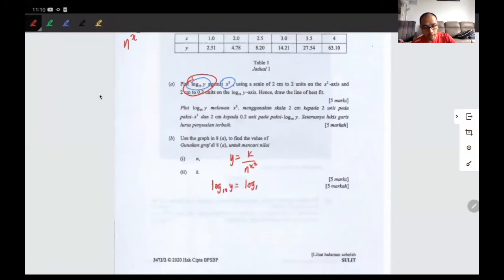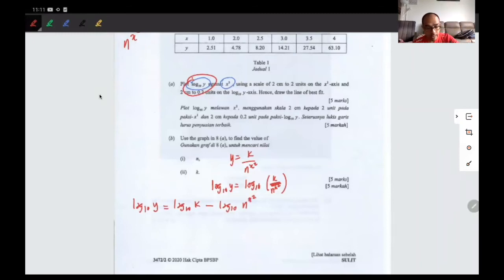K over n x squared. Since this is a division, when we separate it, it becomes minus. So log 10y equals log 10k minus log 10 n x squared. The top minus the bottom.